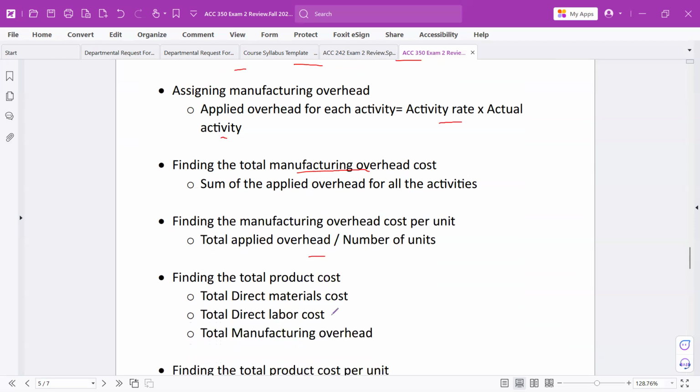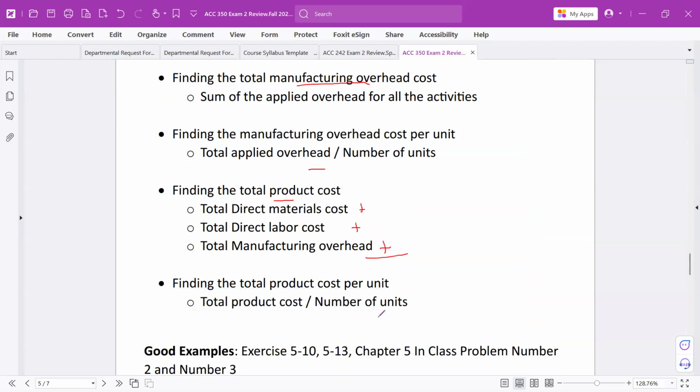We can get a total cost by adding the materials, the labor, and the overhead. Put all those pieces together, and we've got a total cost. So a lot of what we did in chapter 5 was use activity-based costing to get the total overhead, divide by units to get overhead per unit.